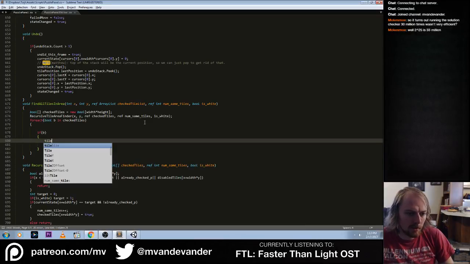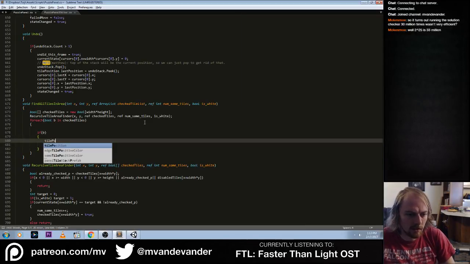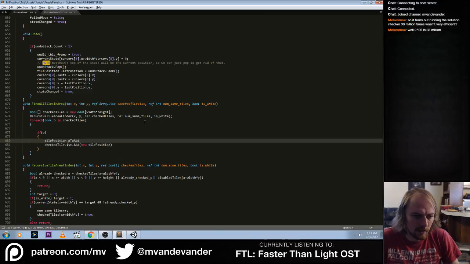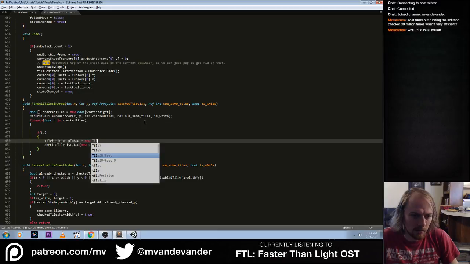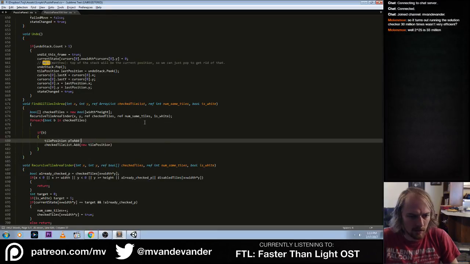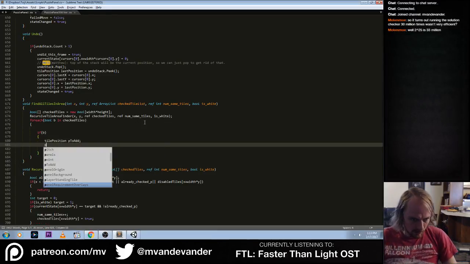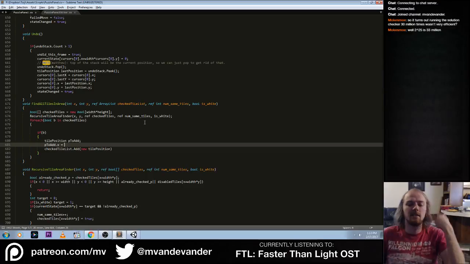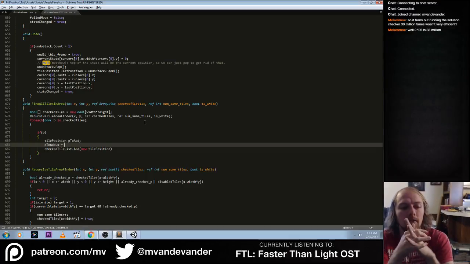Okay, so tile position p to add equals new tile position. Actually, I don't even know if I need to do that. The problem is I can't do that because I don't know the X and the Y, unfortunately.